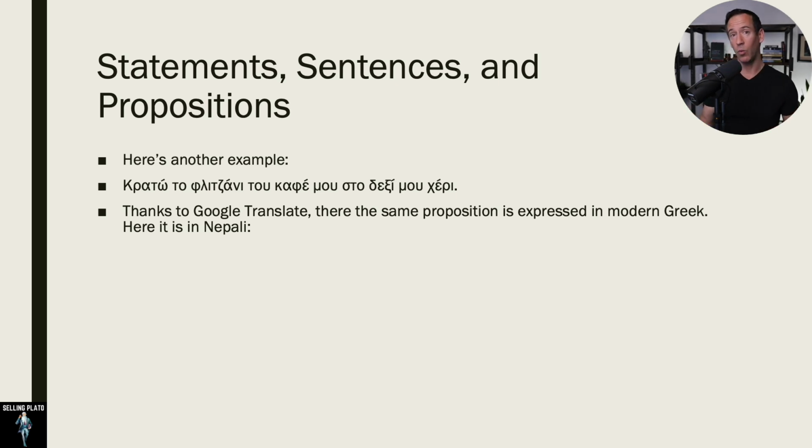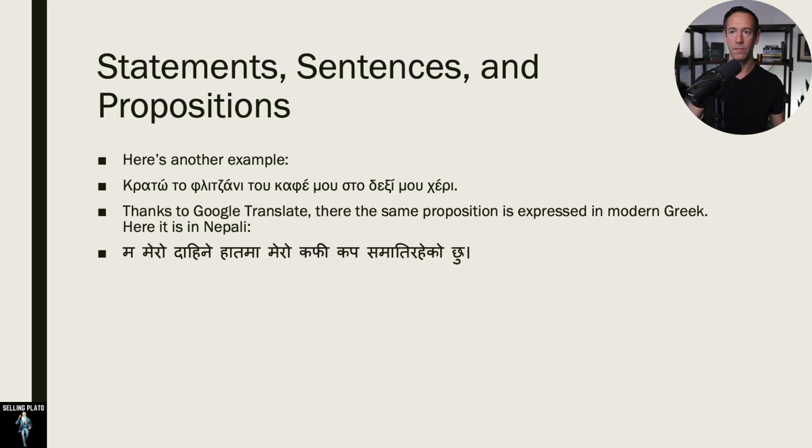All right, and I don't know that well enough to demonstrate how that's the case. I really just used Google Translate. But I'm holding my coffee cup in my right hand, or whatever the particulars were, that can be expressed in modern Greek. All right, here it is in Nepali. Very different characters. It looks completely different in terms of just the visual appearance, right?